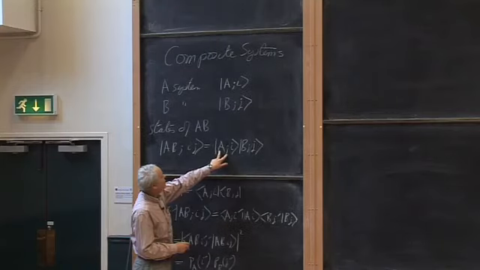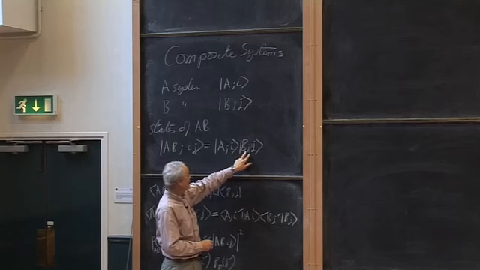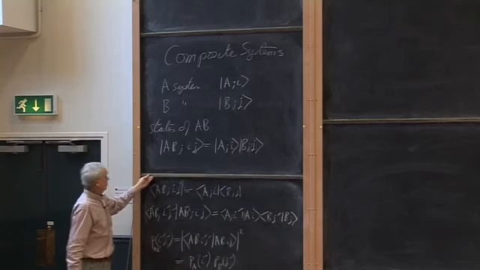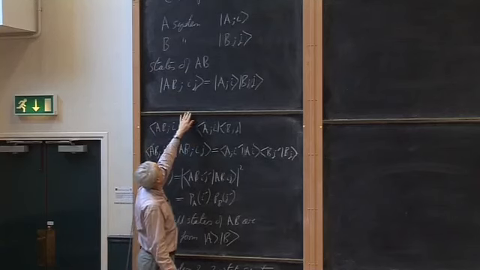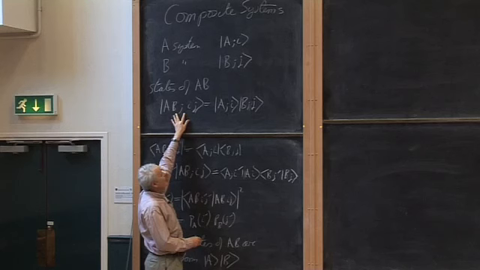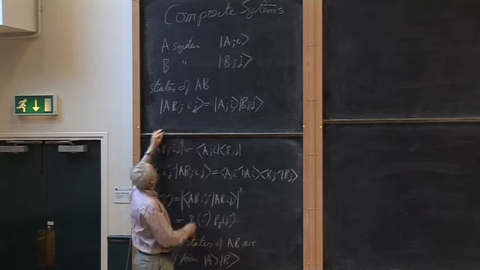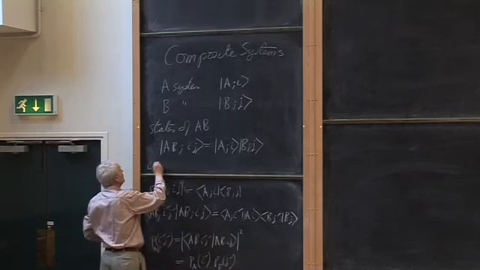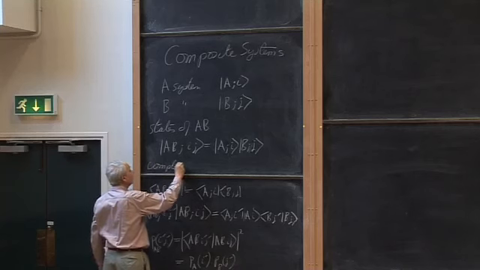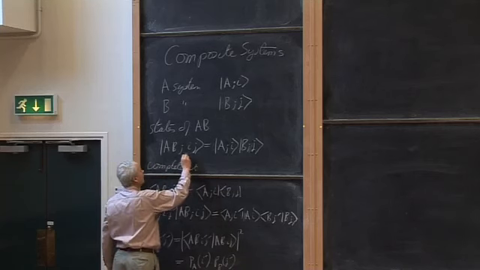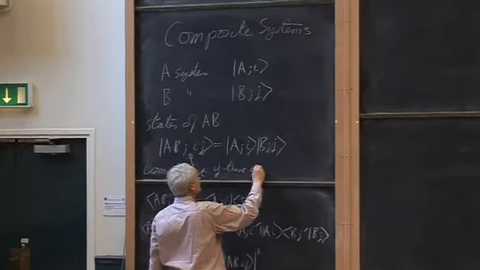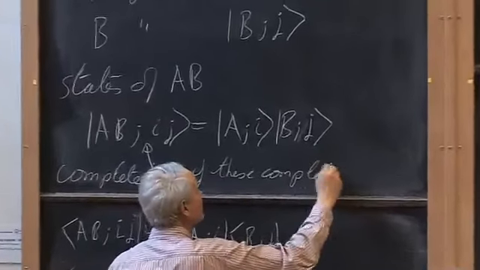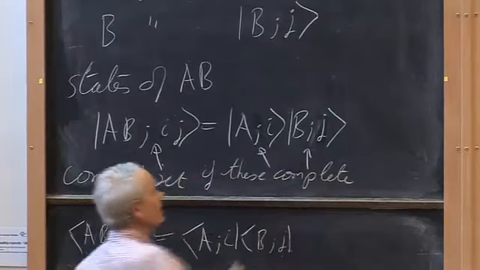So if these objects form a complete set of states of A and these objects form a complete set of states for B, then it's not hard to persuade yourself that these objects form a complete set for AB. All right? So this is a complete set if these are complete for their respective subsystems.